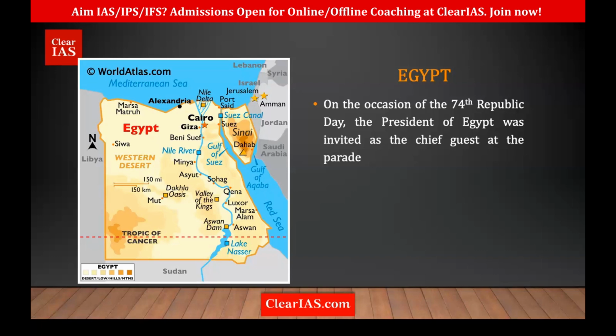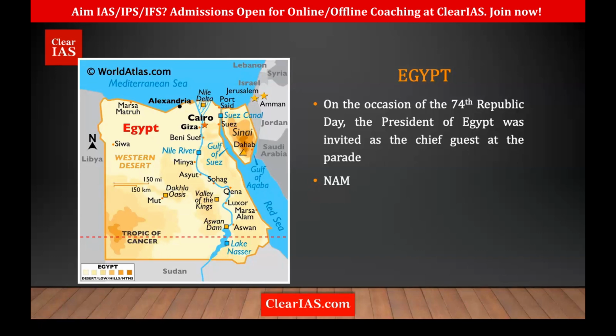Another interesting thing, I'll tell you a few facts about the India-Egypt relationship. Have you heard about NAM, the Non-Alignment Movement? Both India and Egypt were advocates of this movement during the Cold War era.